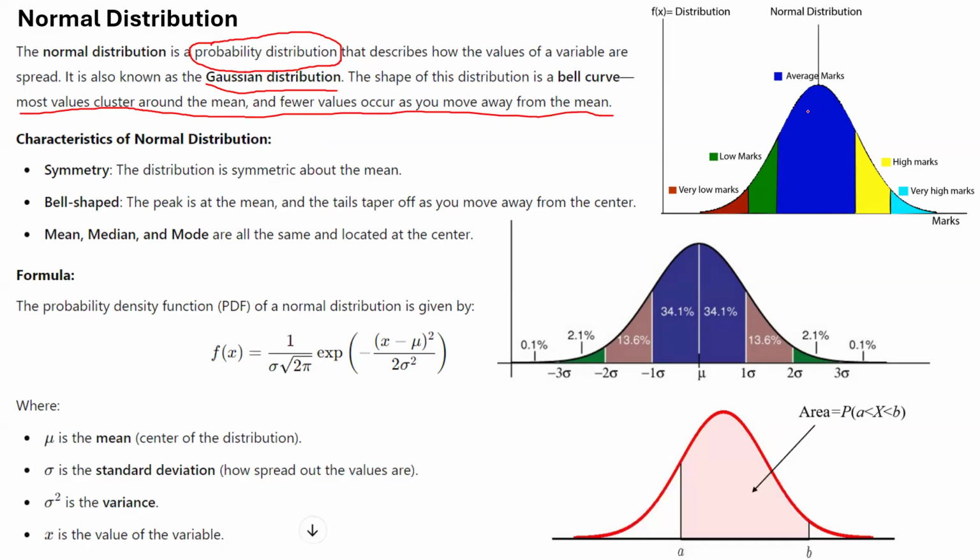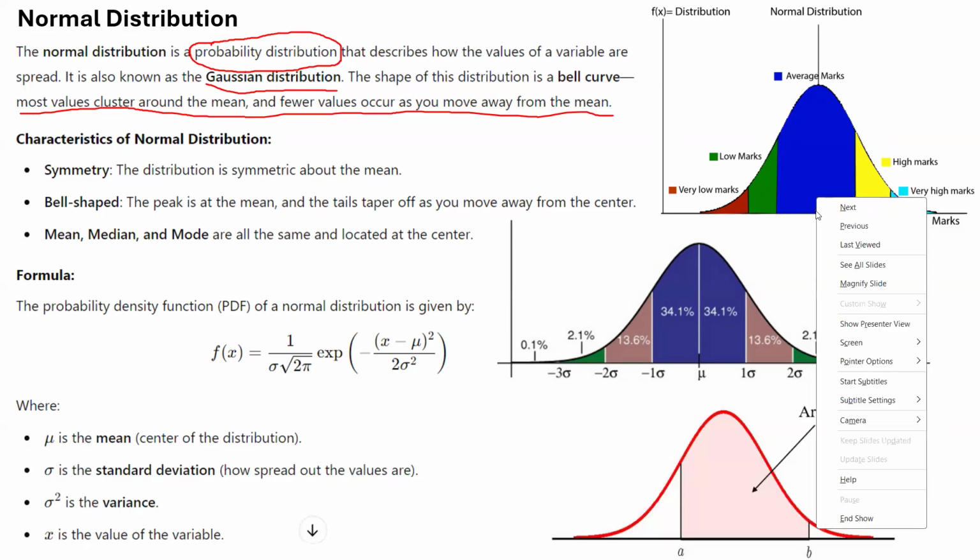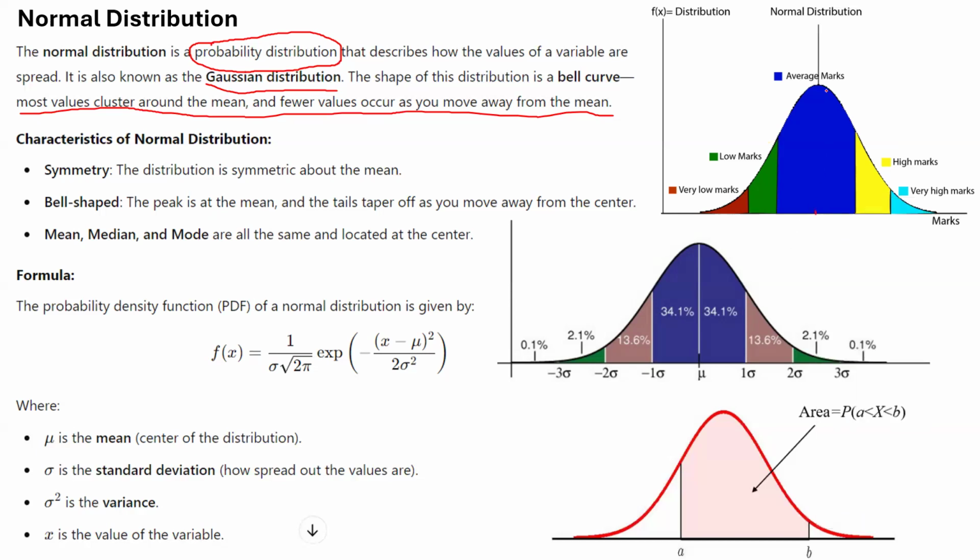This is a normal distribution example, and this is how the curve of a normal distribution looks. What is this saying? Most of the values cluster around the mean. If you take the example of the students in a class, most of the students' marks will fall around the mean.